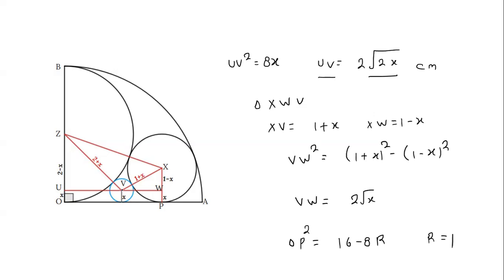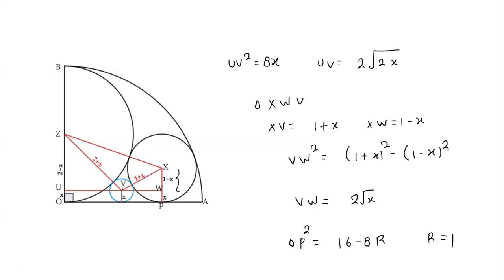Now you see, this is the V point, this is the W, and this is the X. Now we are seeing the XWV triangle. So we know this is x, and we know the radius of the circle is 1. So this remaining distance is 1 minus x, we can say. And we know this distance is 1, and we know this distance is small x. So this whole distance is 1 plus x.